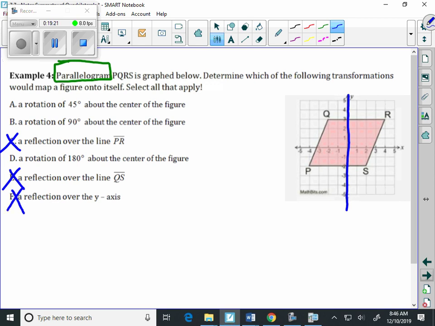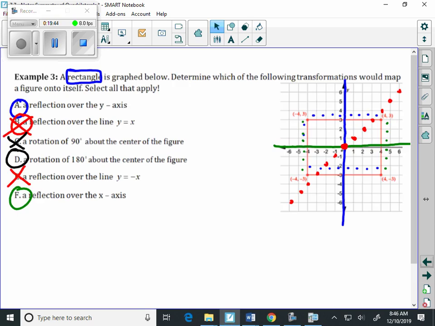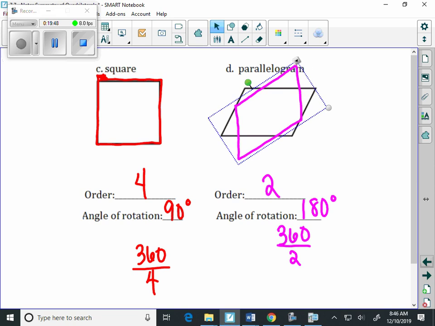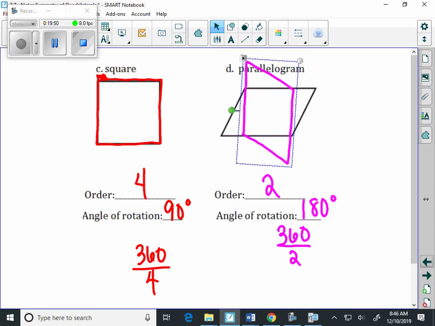So now we have to go back and look at the rotational symmetry. Have we ever talked about rotational symmetry for 45 degrees? No. It's not going to be a rotation of 45 degrees. So we've got 2 choices here: a rotation of 90 degrees about the figure, and a rotation of 180 degrees about the figure. That's when we flip our paper back again and look at our parallelogram. When we turn it, there's 90.